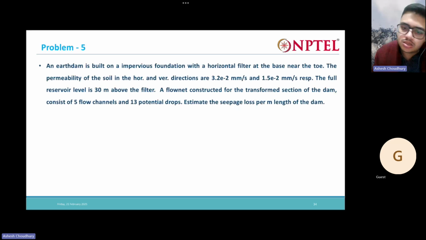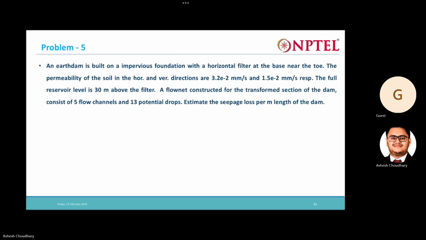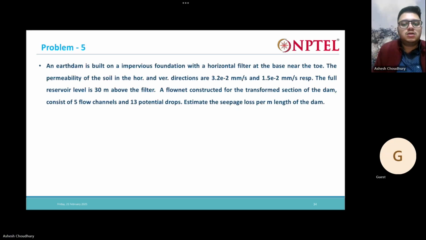Estimate the seepage loss per meter length of the dam. All right, so do this. Everything is given again directly, you just need to calculate. It's very easy.